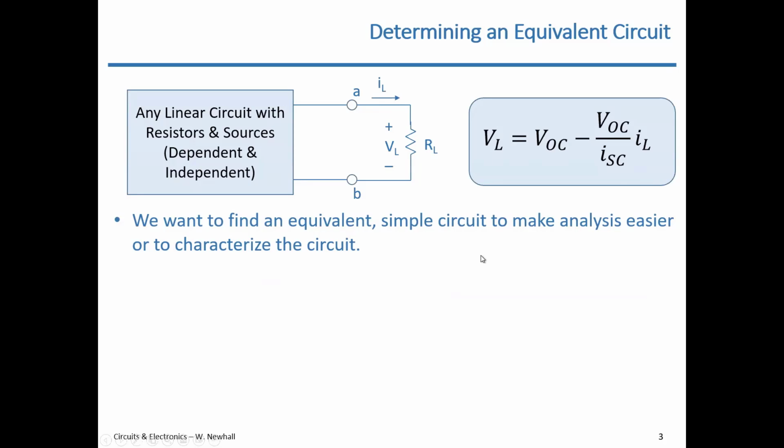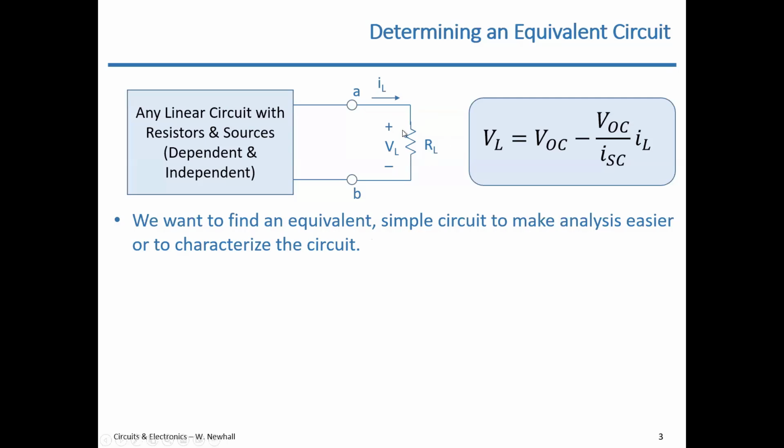We might want to analyze this complicated circuit multiple times, so let's make an equivalent simple circuit. Or if we want to characterize the circuit, you don't want to show someone the details of the circuit, or it doesn't really matter, so you just give them a simple model of the circuit. So we want to find an equivalent simple circuit.